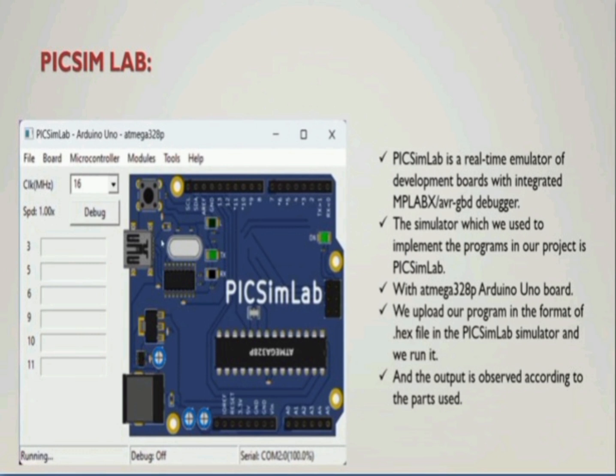We upload our program in the format of a .hex file in the PICSimLab simulator and we run it, and the output is observed according to the paths used. Here in the file we can see our project .hex file, and we run and simulate. We can see our output in the monitor.